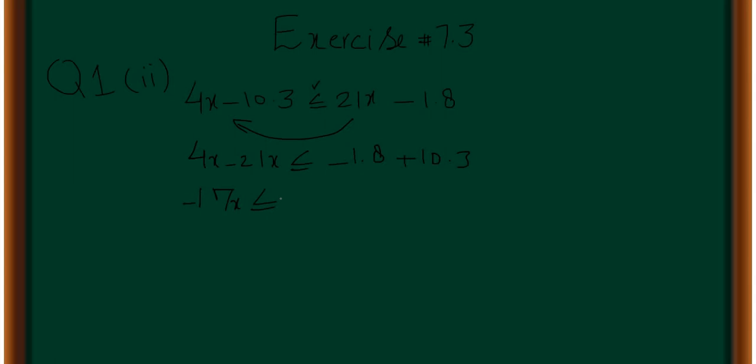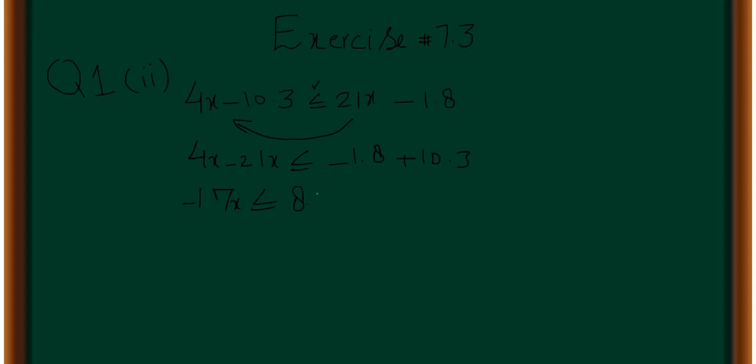Now we calculate minus 1.8 plus 10.3. You can easily calculate it with your calculator. 10.3 minus 1.8 is equal to 8.5. So here I can write 8.5.